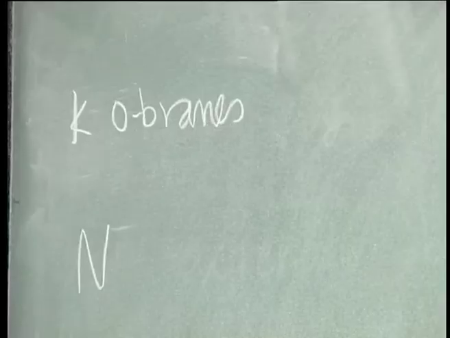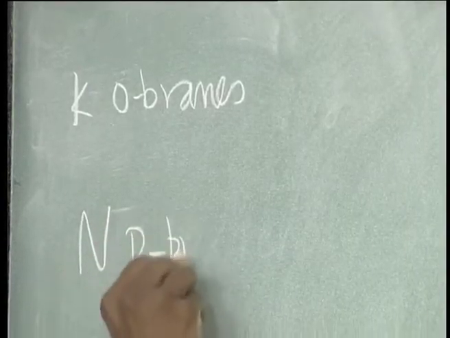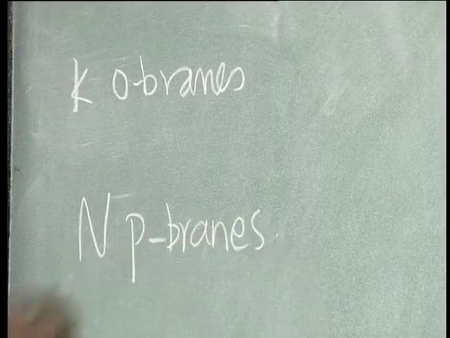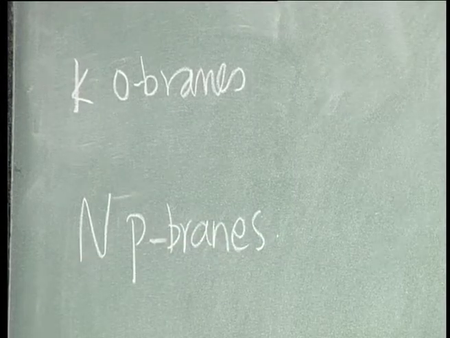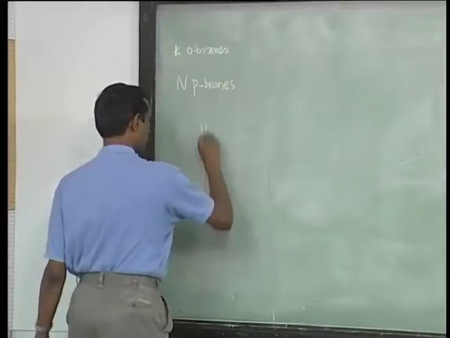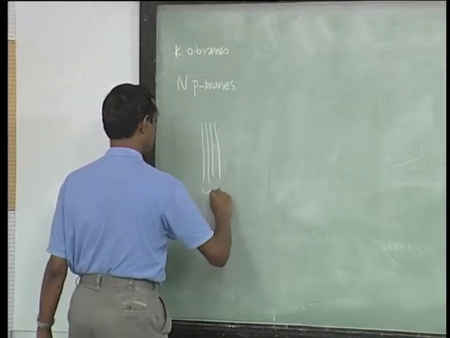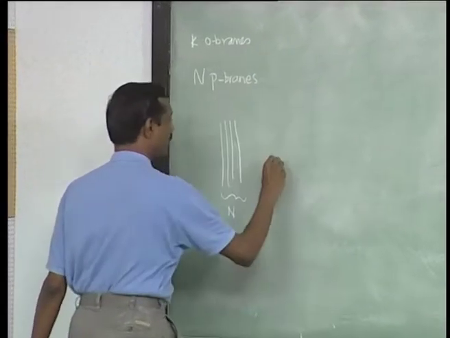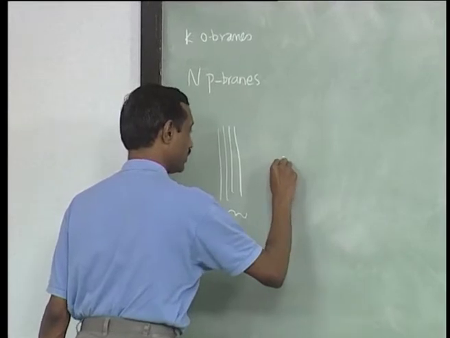I will draw a picture now. There are n of these guys, and since this is smaller, I will indicate this by a dot, and there are k of them.